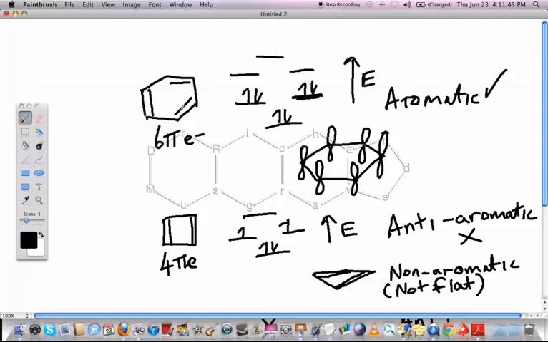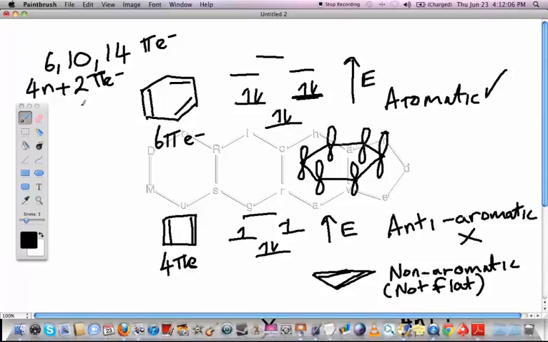And going back to this one, the 6 pi electrons, so 6, 10, and 14 pi electrons, those are all 4n plus 2 pi electrons. And that leads to aromatic systems. And our aromatic systems are very favorable. So we like that.